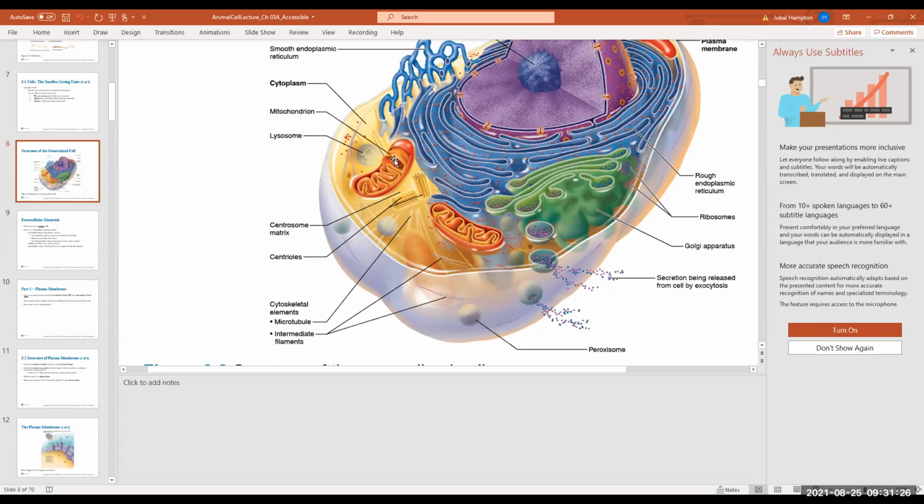Mitosis is cell division, and there are 5 phases. And I use the acronym IPMAT to help me remember. And I'll type that in right quick here.